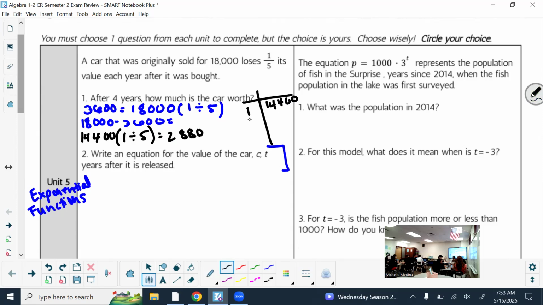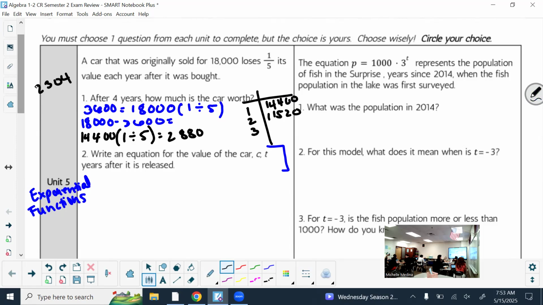Now that's not what it's worth after 2 years, that's what it's losing. So then I still have to go back and do 14,400 minus 2,880. There is an easier way to get the answer, but you can forget your formula and you can at least problem solve your way through it. Figure out what a fifth of that value is, which for me, I'm getting 2,304. Running out of room. But it really shouldn't take that much room if you know the formula.